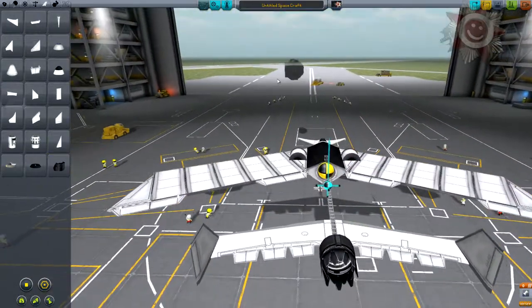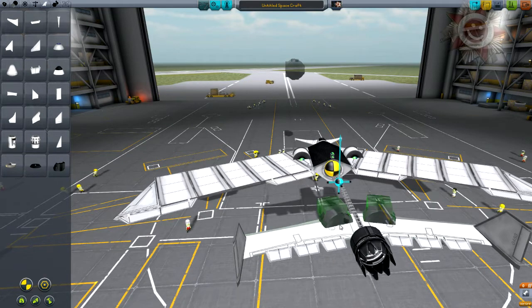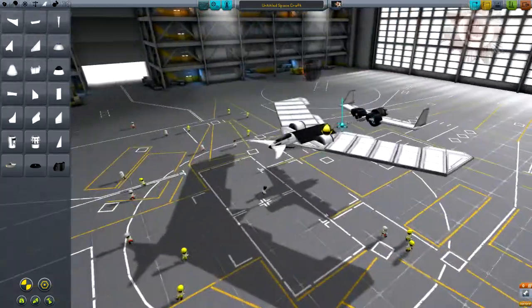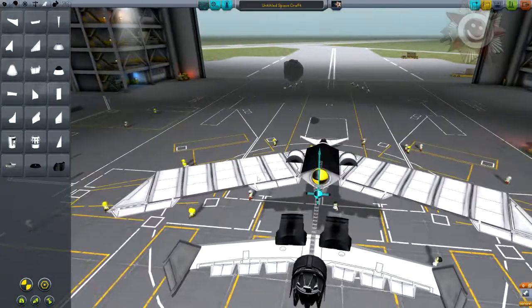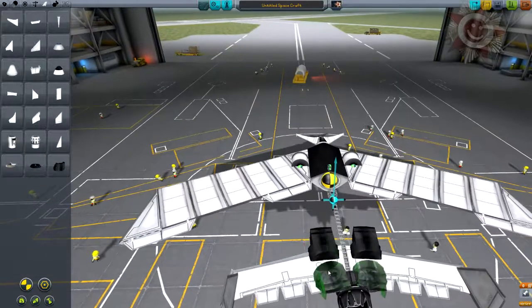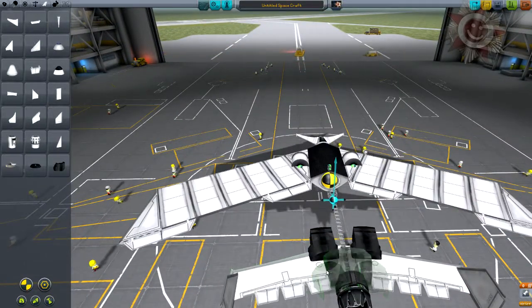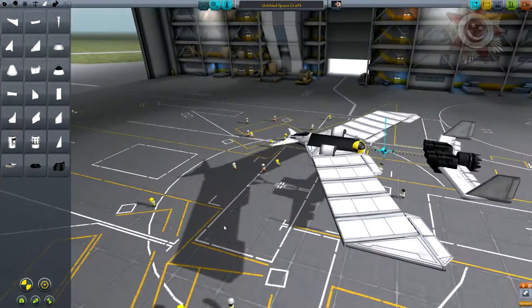air intake pair. We can copy that part and place it here. Now we have 4 intakes, which is nice, but I think I'm going to double that and use 8, like so.